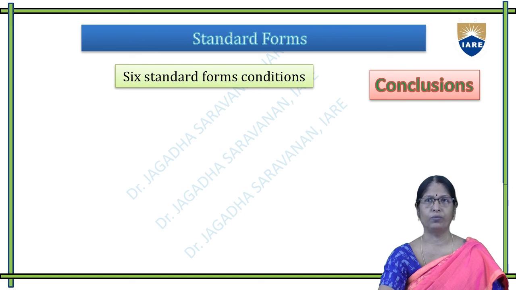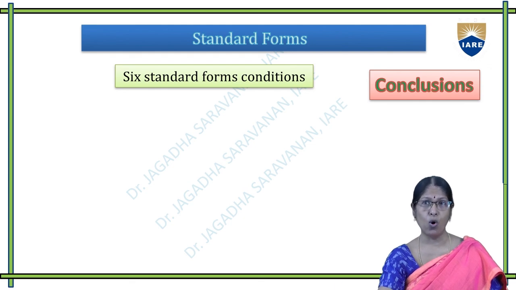Standard form 2, PQXY. Standard form 3, PQXYZ, all are there. Standard form 4. But in standard forms 1, 2, 3, 4, our X, Y, Z are not at all having powers, that is, more than 1 it won't be there.